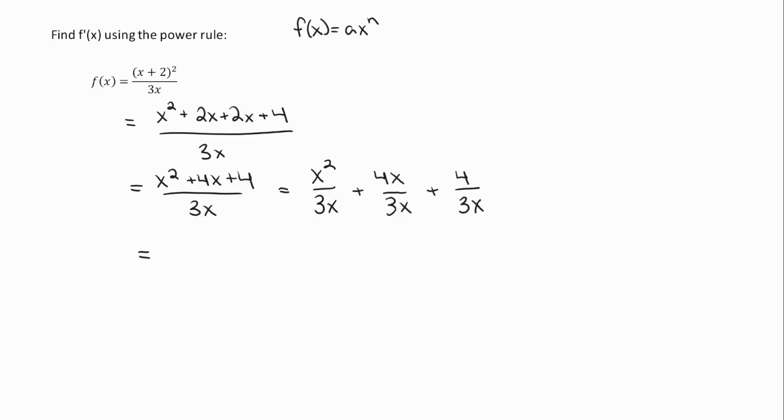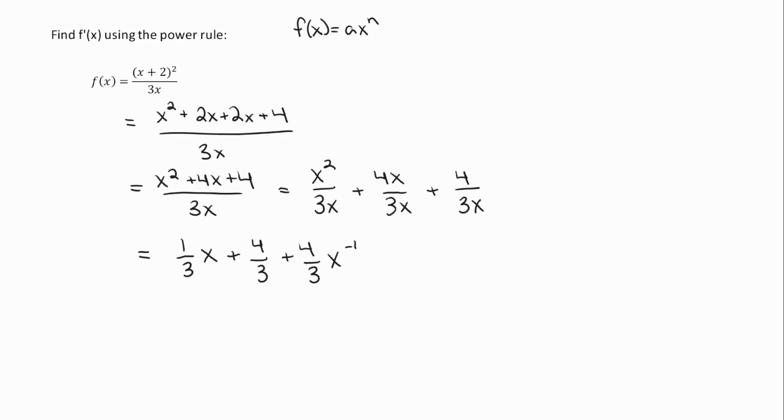And so when we find this, any terms on the top and the bottom we can cancel out. And so we have 1 over 3 multiplied by x plus 4 divided by 3 with no x terms. And now we also have plus 4 divided by 3, but now we have x in the denominator, which is the same thing as saying x to the minus 1 power.